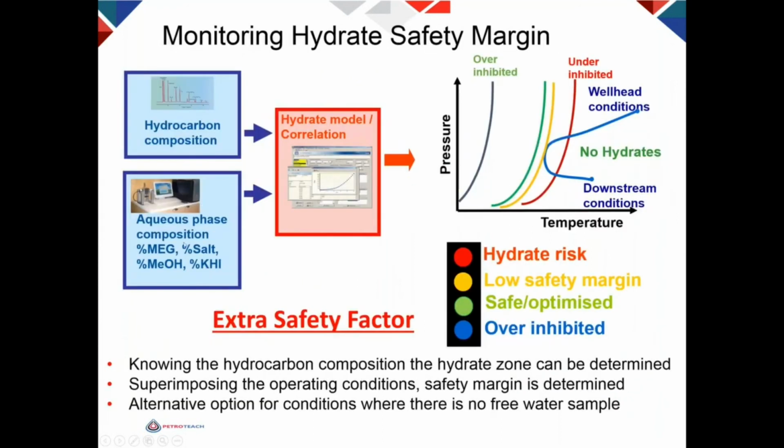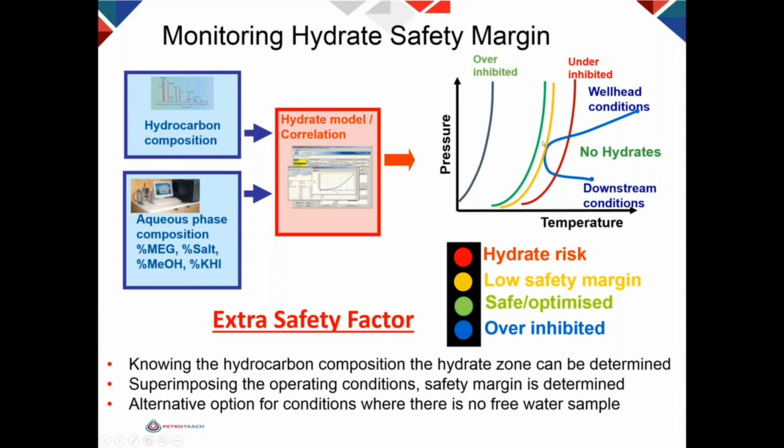And then you have the hydrocarbon phase, you have the water phase, and then you can use a correlation or model and predict the hydrate phase boundary. If the predicted hydrate phase boundary is here, then there is a risk of hydrate. You need to increase the amount of inhibitor.